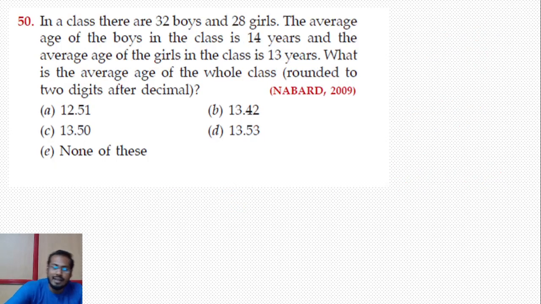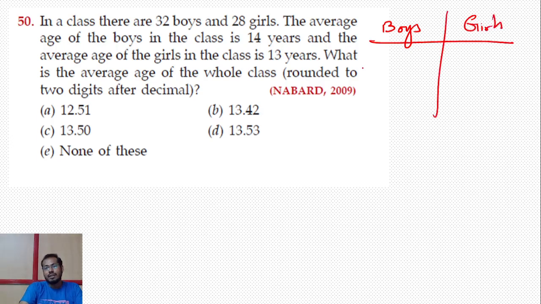Right. And final question. In a class there are 32 boys. Look at this. Boys and girls. Okay. So number of boys is 32 and number of girls is 28. And the average age of boys in a class is 14 and average age of girls is 13.